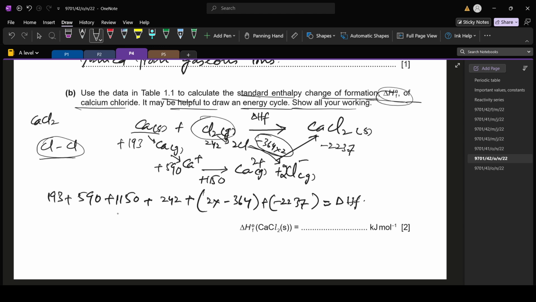So from here you will calculate the value of the standard enthalpy of formation, and the final value is going to be negative 790. This is your final answer.